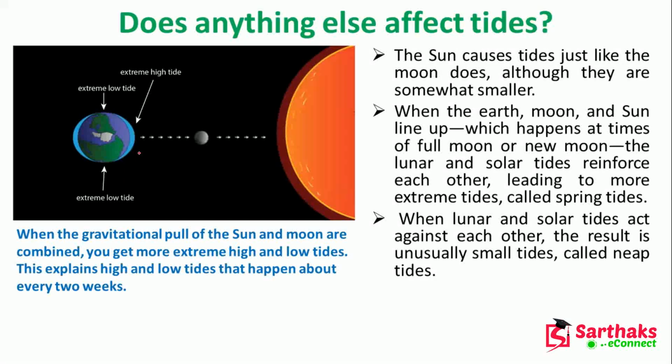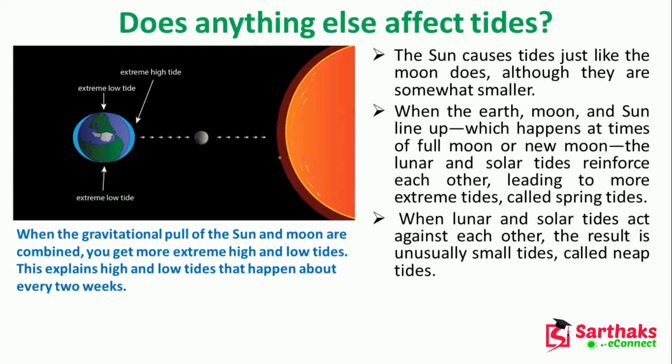Now, does anything else affect tides? Yes, the sun also causes tides, just like the moon does. Here you can see the position: this one is your earth, the moon, and this is the sun.